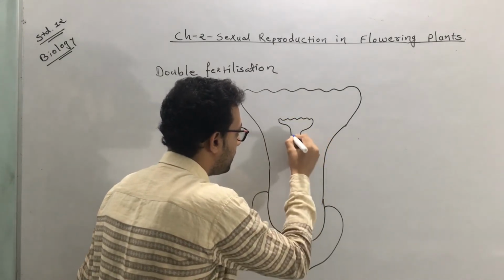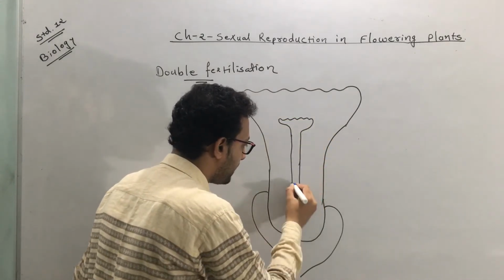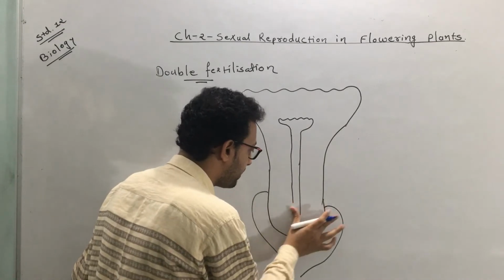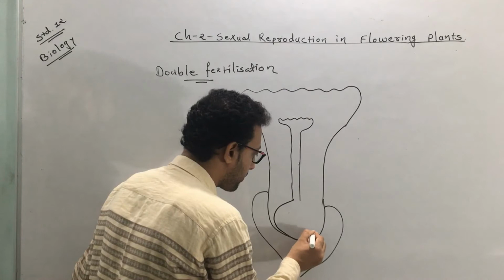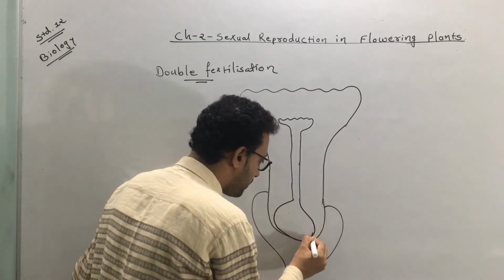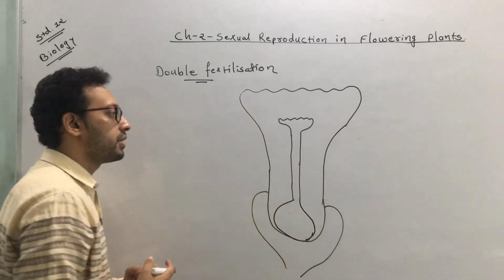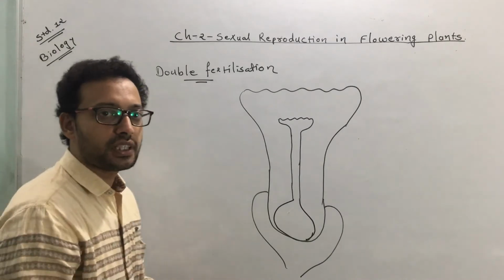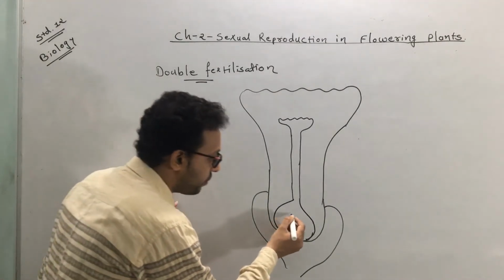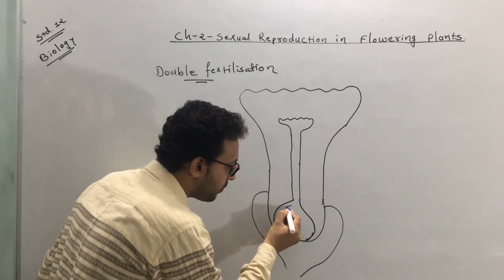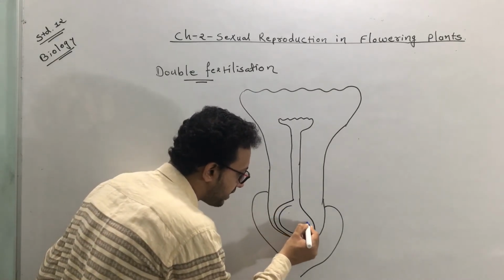This is the style, a tube-like structure. And then finally, the bulged portion is called the ovary. I am drawing an enlarged portion of the ovary, a very large ovary, because you have to see a lot of things over here.